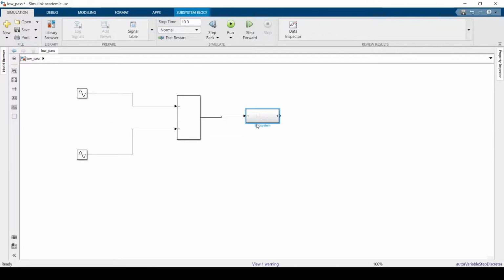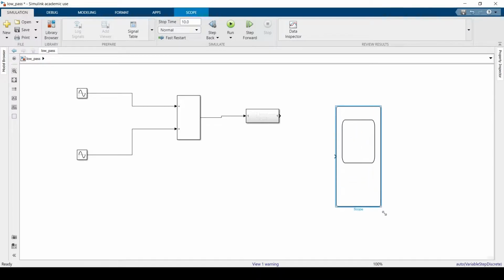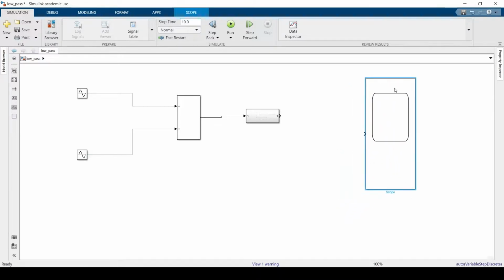Now get back to the original system. We will get the output, and we need to observe that across a scope. Click on scope here. Alright, let me first take two other ports to this.